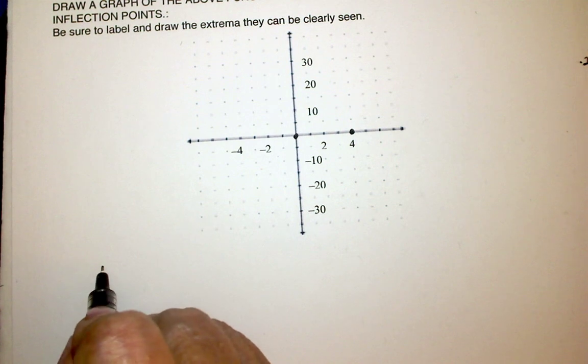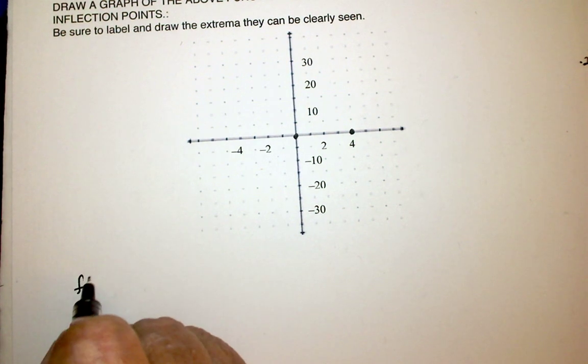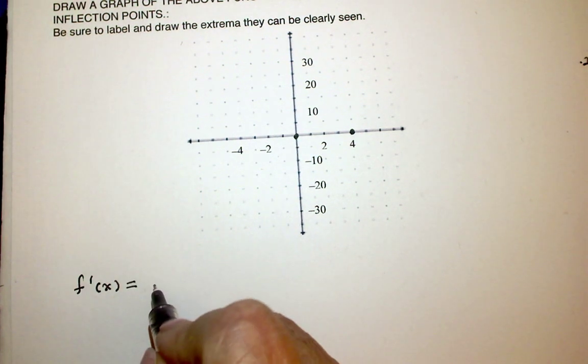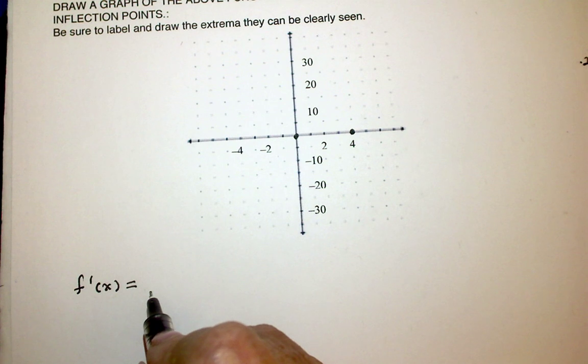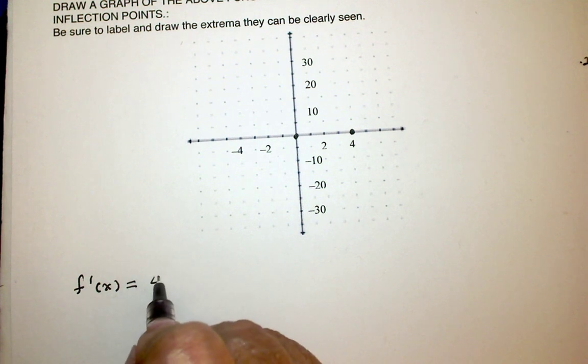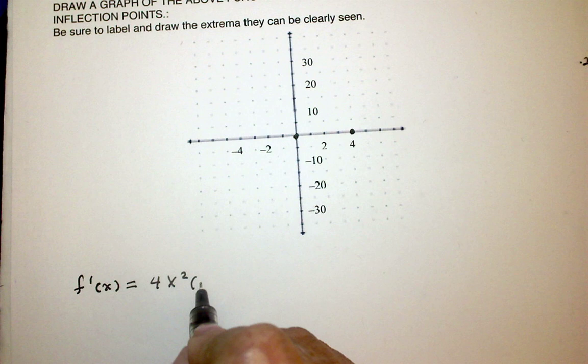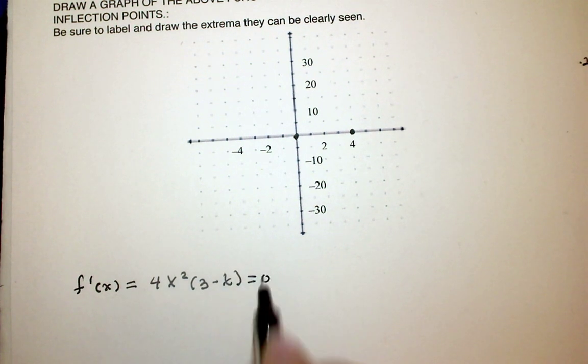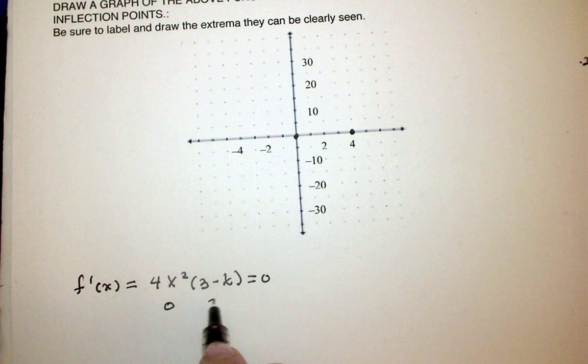And so if I look at f prime, f prime of x is 4x squared times (3 minus x). I'm going to set that equal to 0 to get my critical numbers, and it's 0 and 3.